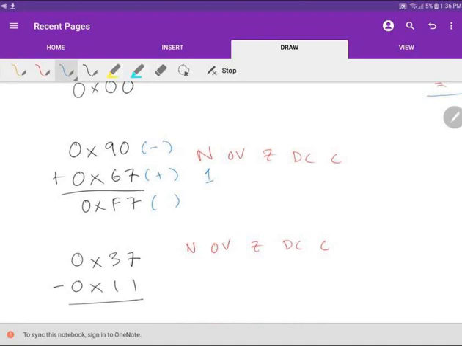Now don't think that because 90 in hex is larger than 67, it is therefore a larger negative number. That is not true. If both numbers are positive, then you can directly compare the numbers and see which one is larger. But remember why you cannot compare directly with negative? Because the way it is represented is different from positive.